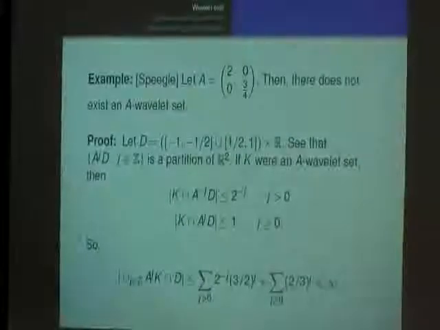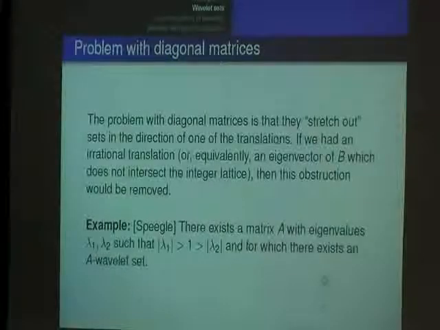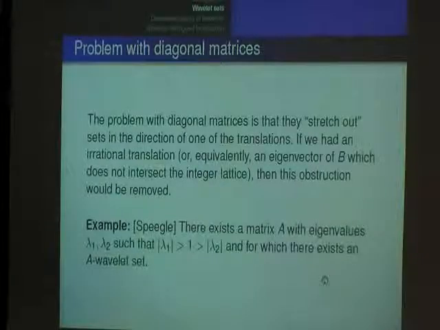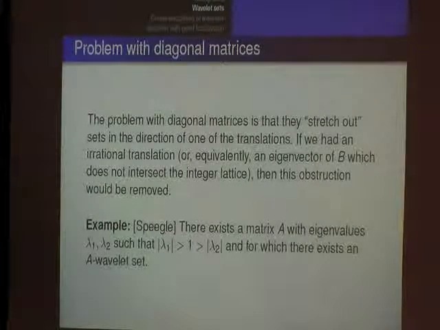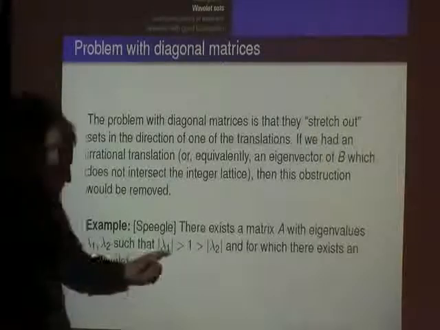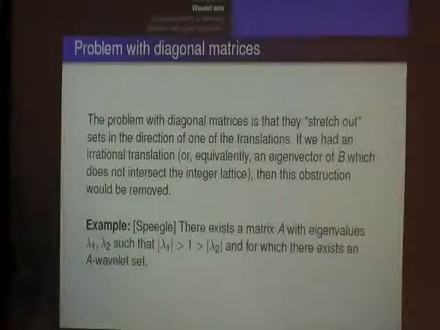Well, using that as a place to look, Rick Laugesen asked me to try to come up with an example of a wavelet when we have eigenvalues on opposite sides of 1.